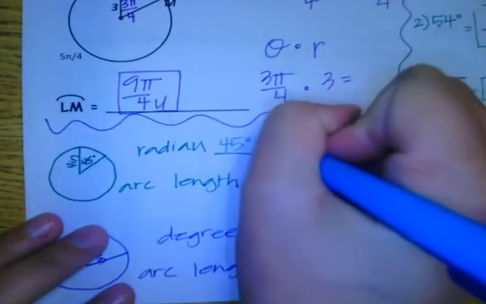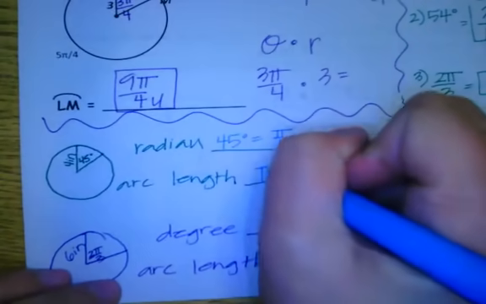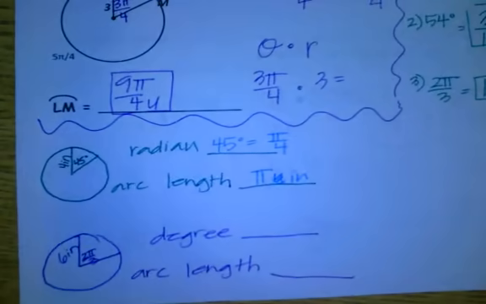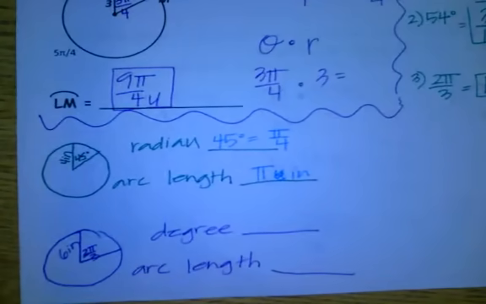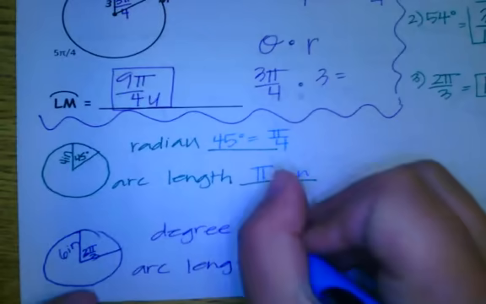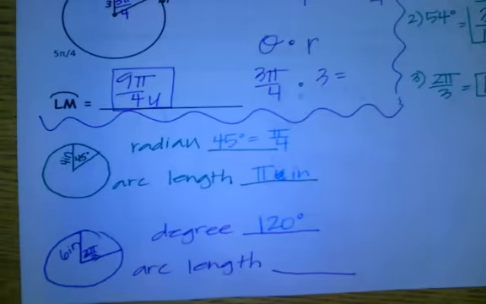So what is the arc length? Pi. Okay, what is the degree measure? 2 pi over 3 is equal to what? 120. And the arc length is 4 pi.